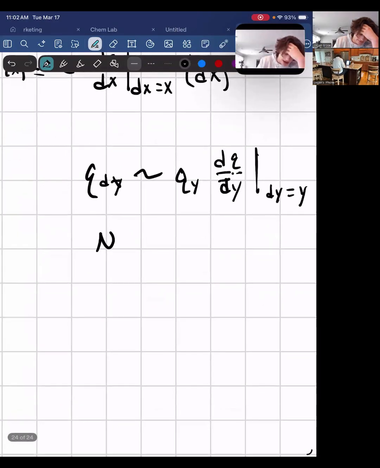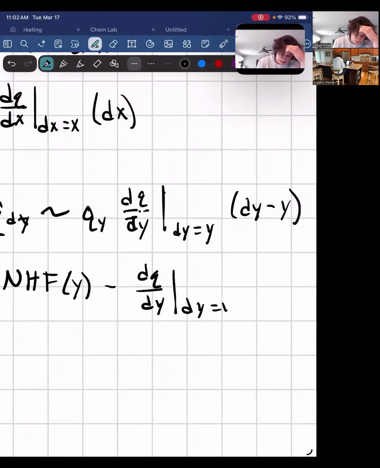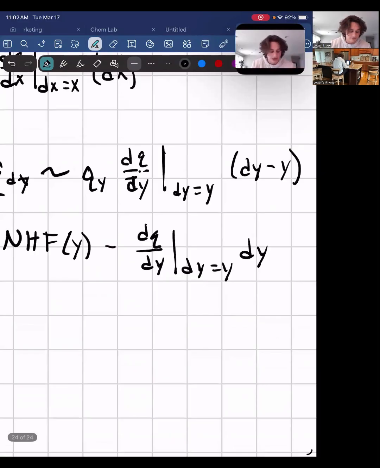We can get our net heat flow for y to equal minus dq/dy, evaluated at y plus dy, right? And that can be repeated a third time for z.